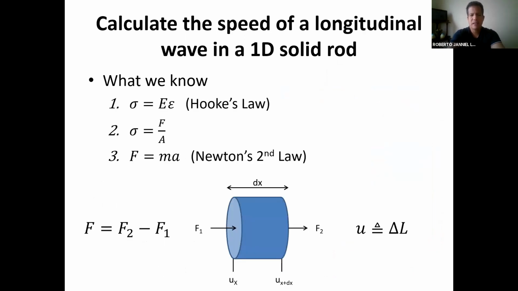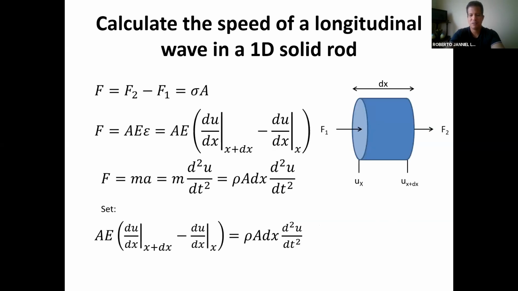So basically, these are the things that we already know, which again is that sigma, or stresses, or normalized forces, are equal to the strains multiplied by the Young's modulus. We know that forces are also equal to mass times acceleration. We kind of know those kind of things.